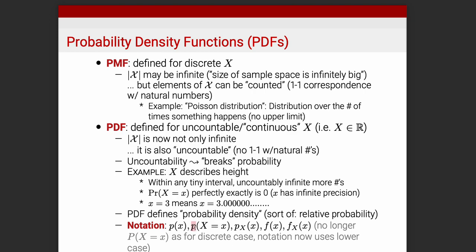Instead, this lowercase p, or this lowercase f, will often be used just to refer to the PDF in some abstract way. Just like we had P(X = x) before, now we have p(x) or f(x). You'll see different notations, and I've listed them since some readings may use one and some another, but don't get bamboozled. It's just different ways of saying the same thing, and based on context you'll be able to infer which it is.